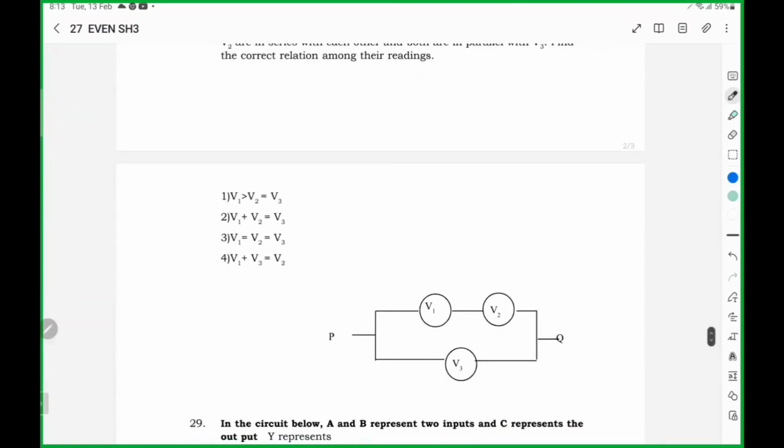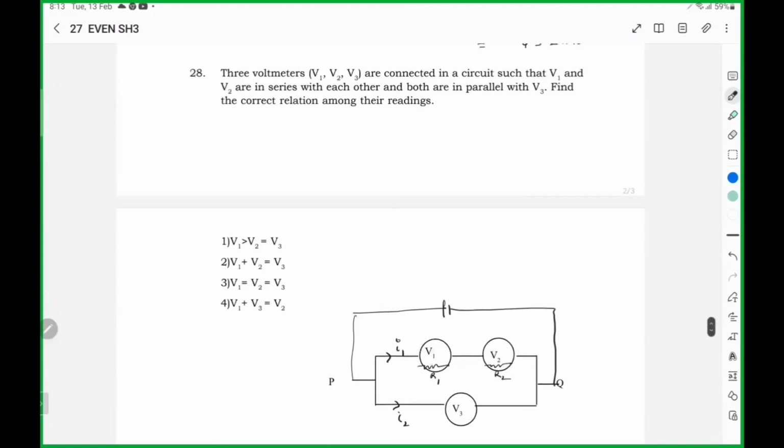Here, 3 voltmeters are connected in such a way. Once they are connected to a battery, some current I1 passes through it. Say this voltmeter has resistance R1 and this one has resistance R2.